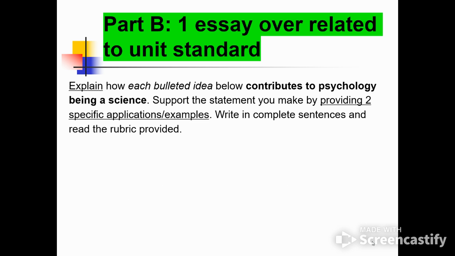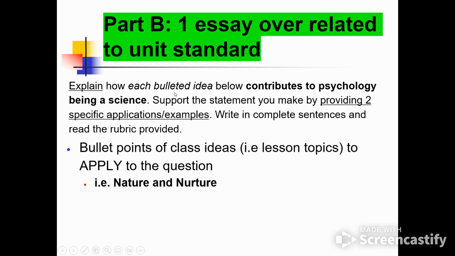For each essay, here's your practice. There'll always be a little scenario, and then there'll be bullet points, and you'll have to address each of the bullet points. So explain how each bulleted idea, there's one example, contributes to psychology being a science.